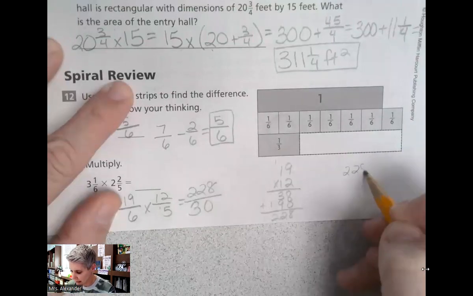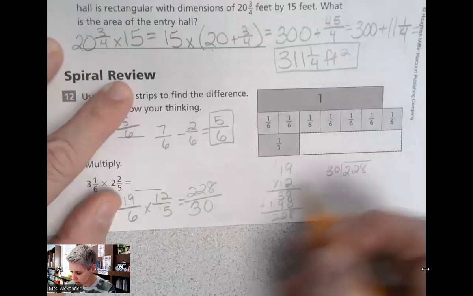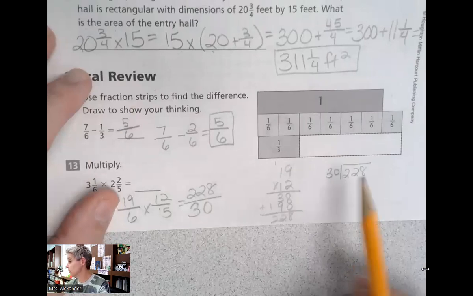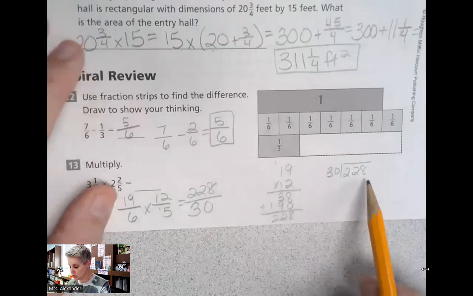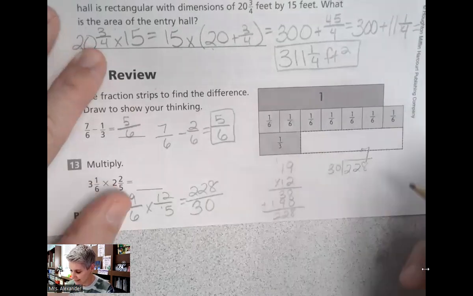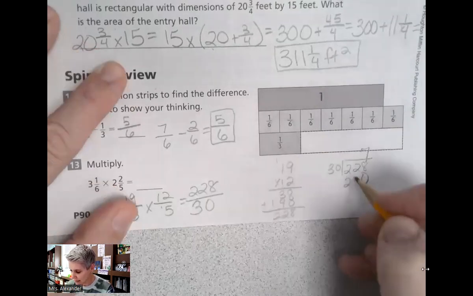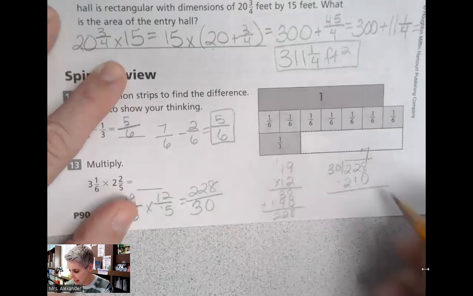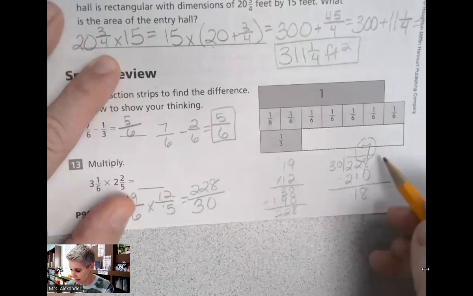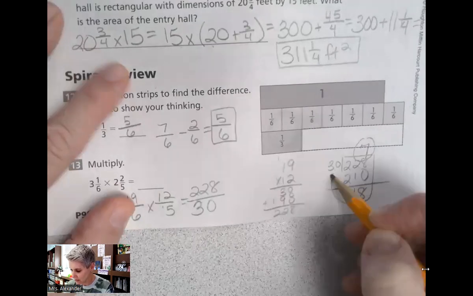228 divided by 30. That's what our fraction shows. 30 cannot go into 2, cannot go into 22. It's going to go into 228. I'm going to go with 7 times. That gives me 210, and I'm left with 18. So that means I have 7 and 18/30.